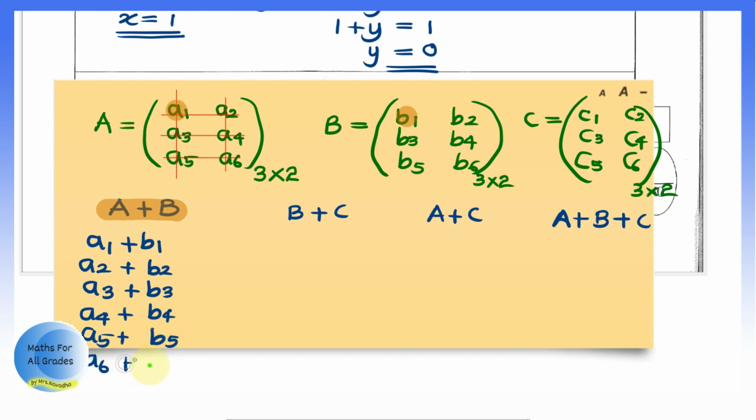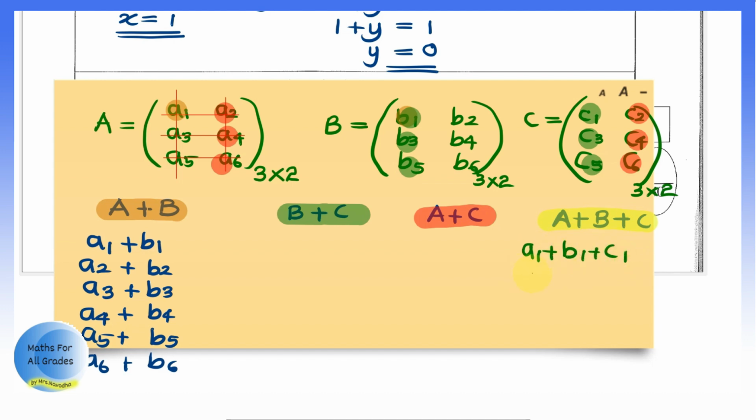A6 plus B6, like that. If you are adding B and C matrices, you can add B5 to C5, B3 to C3, B1 to C1. If you are adding A plus C, then you can add A2 to C2, A4 value to C4 value, A6 value to C6 value, because they are corresponding elements. And if you are going to add all these 3 matrices, we can write down A1 plus B1 plus C1, A2 plus B2 plus C2.